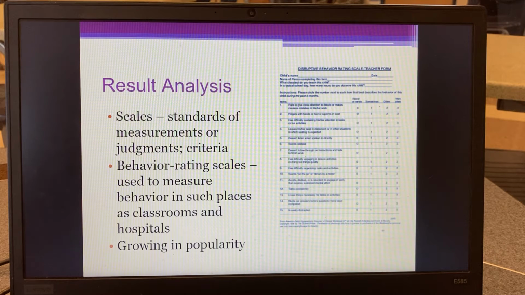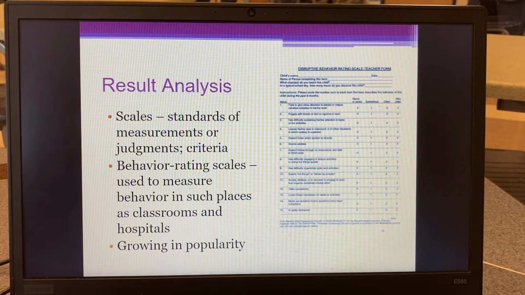You can look at them in a couple different ways. You've got scales. A scale is going to have specific criteria that you have to meet, and it's going to have a cutoff number, and then you are basically judged against other people of the same age or the same whatever on that test. You have your behavior rating.